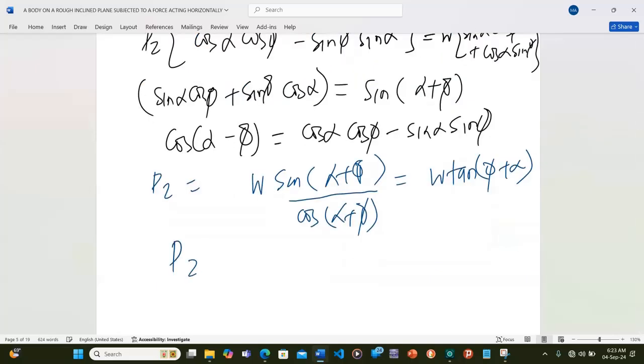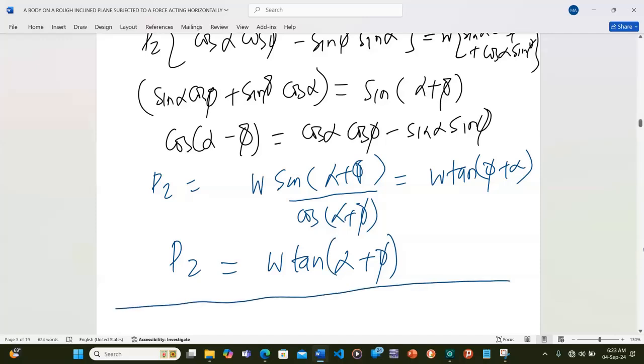So the maximum force that will keep the body in equilibrium when acting horizontally and at the point of sliding upwards, that P2, the maximum force, will equal W tan of alpha plus phi.